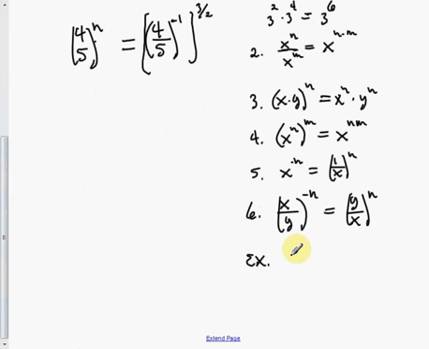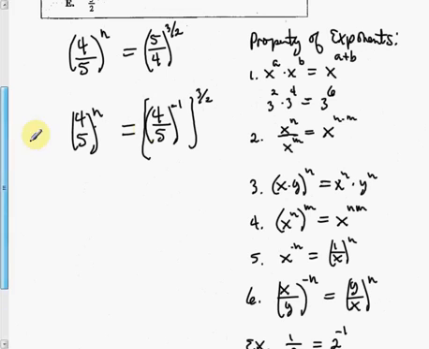Example, take the number 1/2. 1/2 is the same thing as saying 2 to the negative first power. Based on number 5, 2 to the negative 1 is 1 over 2 raised to the first power. So here, number 6 is what I'm using to simplify this problem for me.